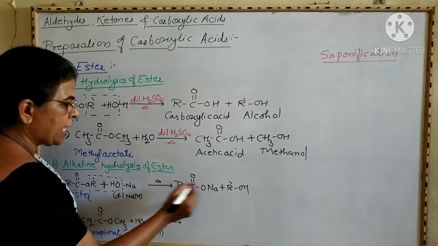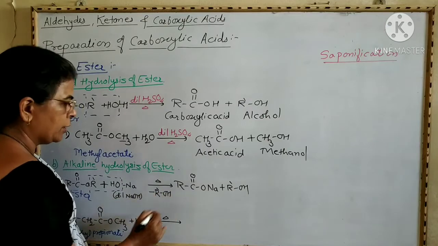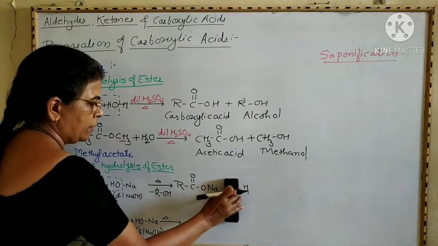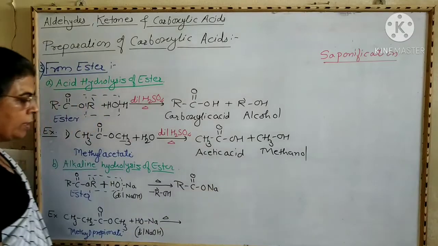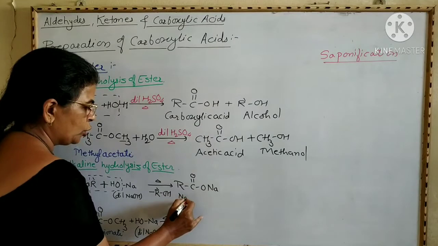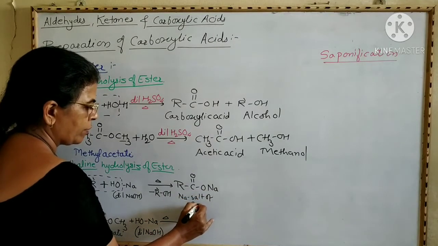Here we can write this R'OH as minus R'OH. Now this compound is the sodium salt of carboxylic acid.